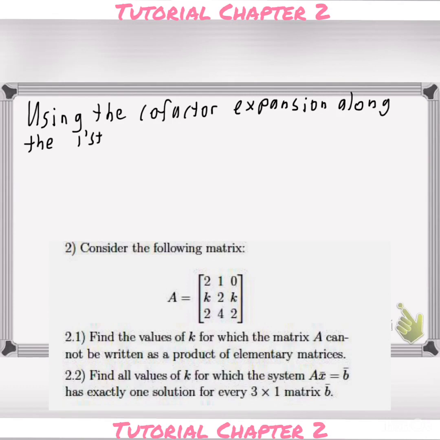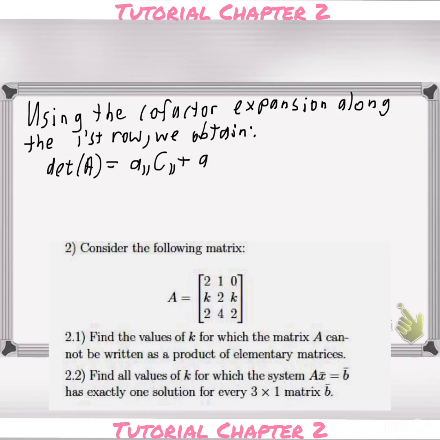So along the first row, we obtain the expression for the determinant. So the determinant of A is going to be the entry in the first row in the first column multiplied by its cofactor, plus the entry in the first row in the second column multiplied by its cofactor, plus the entry in the first row in the third column multiplied by its cofactor.